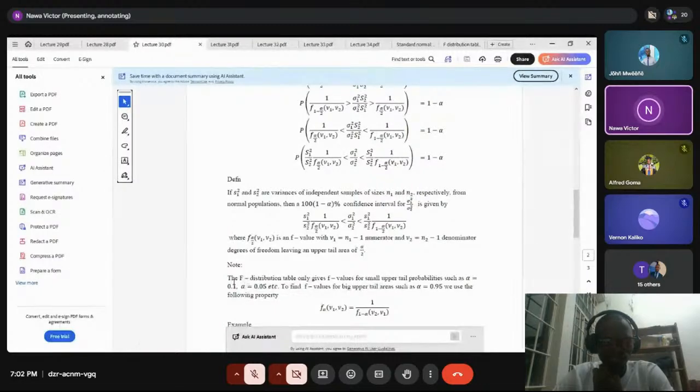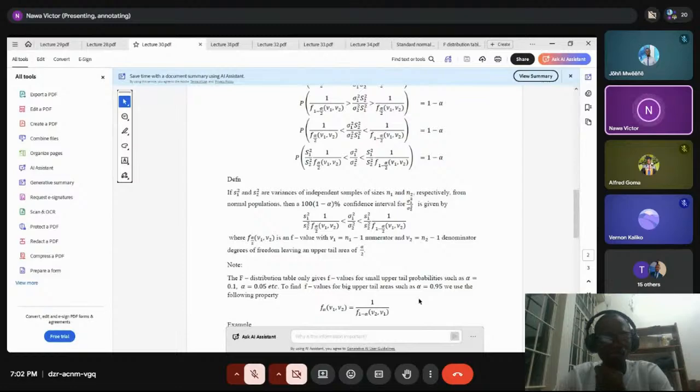This note here says the F distribution only gives F values for small upper tail probabilities, such as 0.1. So if we want bigger upper tail areas, we need to look at the complements.